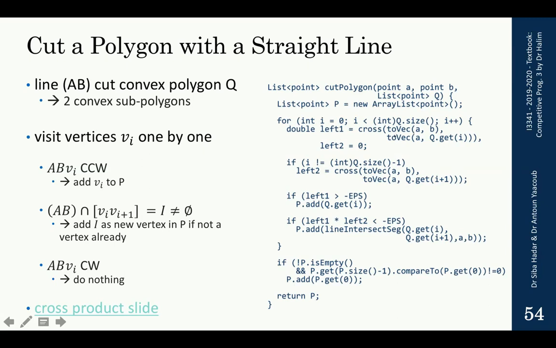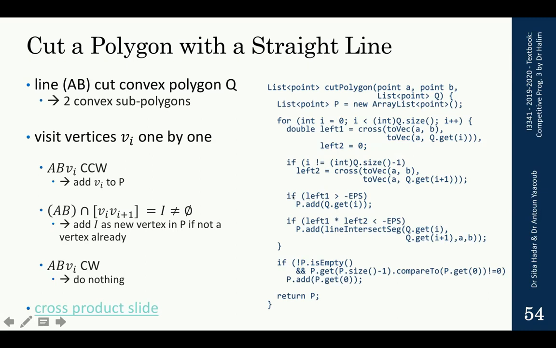And if negative, they are a right turn. Left 2, I keep it 0 for the moment, and if I is not the end, because I cannot get the end, okay, left 2 is the cross of vector AB and A Vi plus 1.